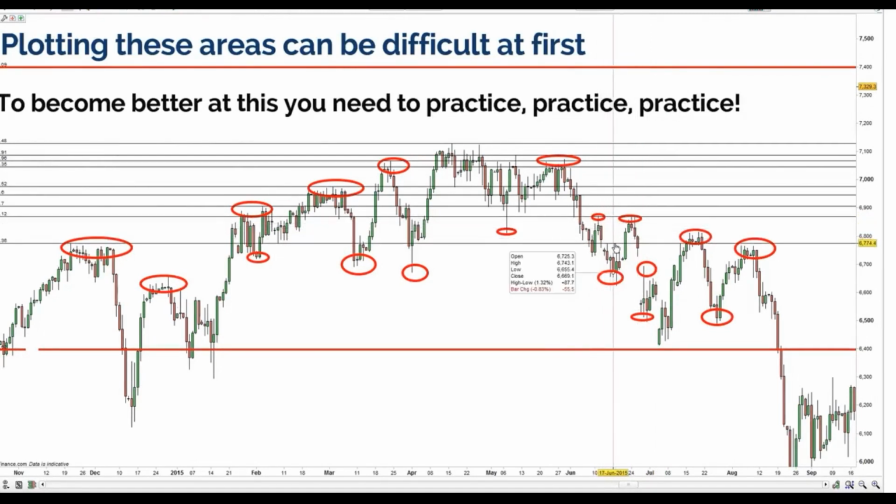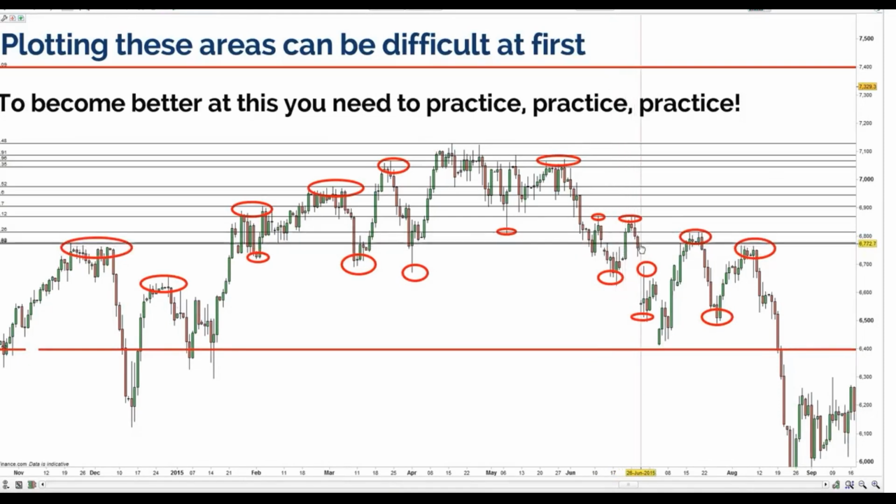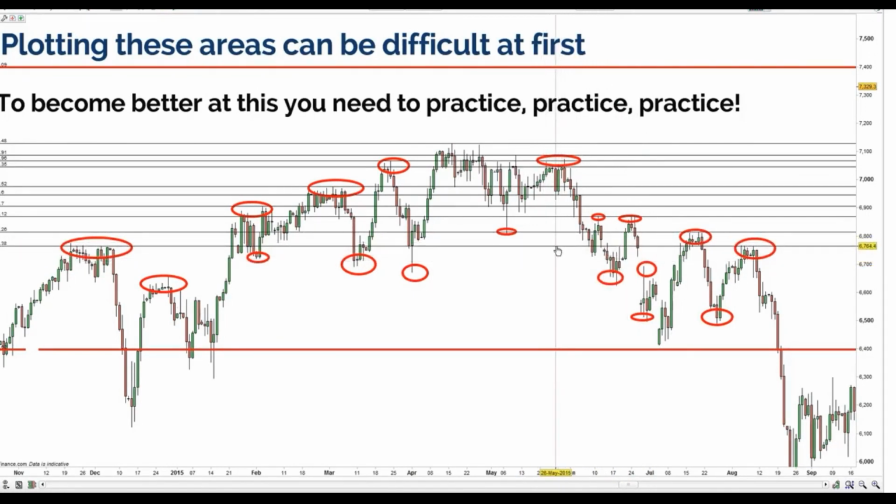As we come down a bit further, we've got this one here. Actually, this one could probably come a little bit lower and encapsulate that reaction as well.